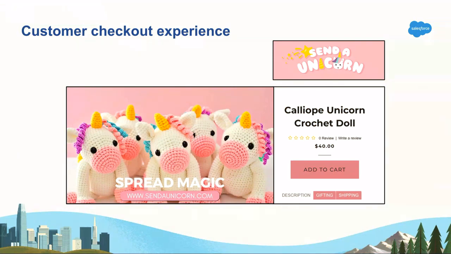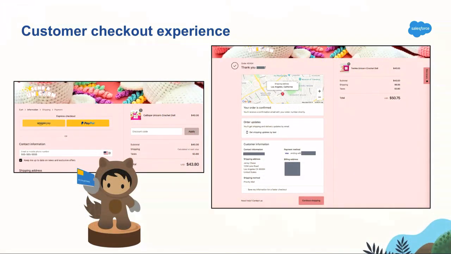I went to this website, I clicked Add to Cart, and then I was greeted by this customer checkout experience where I clicked on the PayPal button, entered my credit card information, and then I was greeted with an order confirmation screen where it showed me a map, an order update, and everything I needed to confirm that my order was successfully fulfilled. As the customer, this entire experience was seamless, and it was really intuitive, and it felt secure, and it didn't feel like I was being scammed.